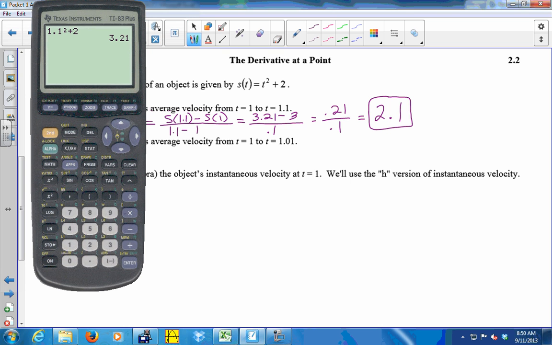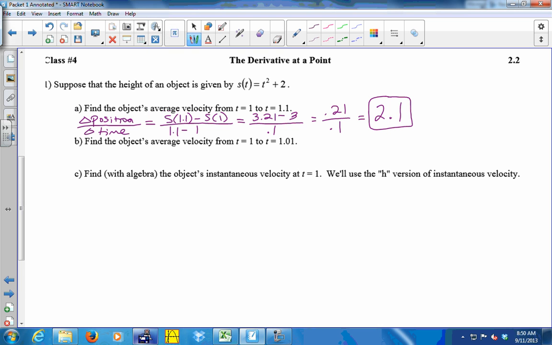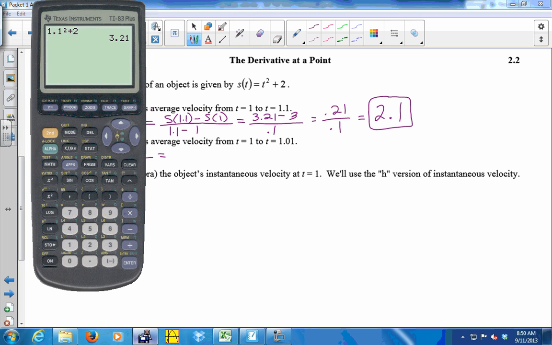And now we're going to make that time interval even smaller. Right now I'm going to go from 1 to 1.01. So I have s of 1.01 minus s of 1 over 1.01 minus 1. What's this? 3.021 maybe? 1.01 squared plus 2. 3.0201.